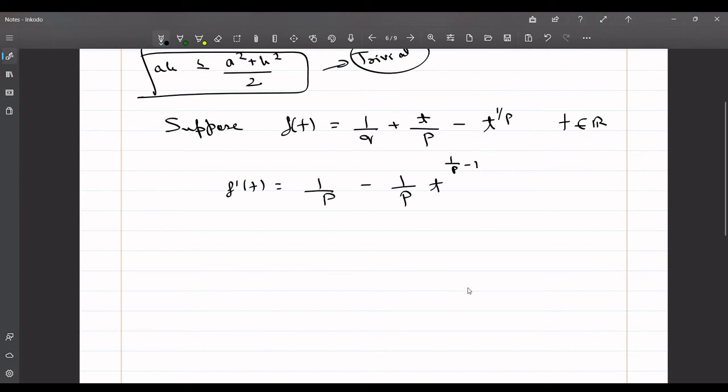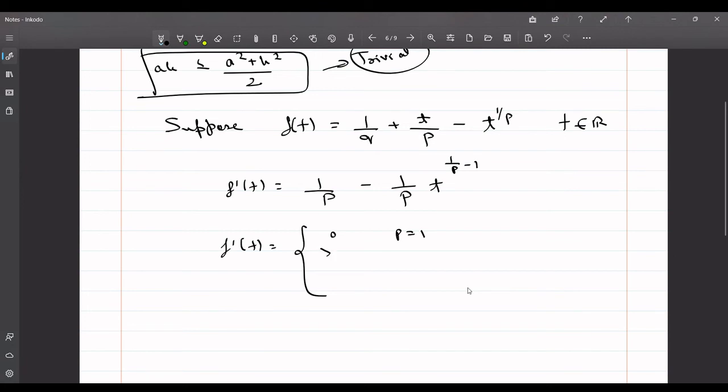And see, in this case we have three things. This f dash t will be equal to 0 if t equals 1. See, if t equals 1, this becomes 0.